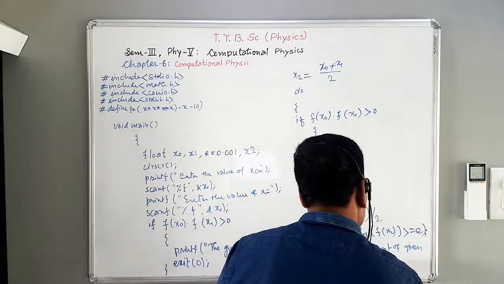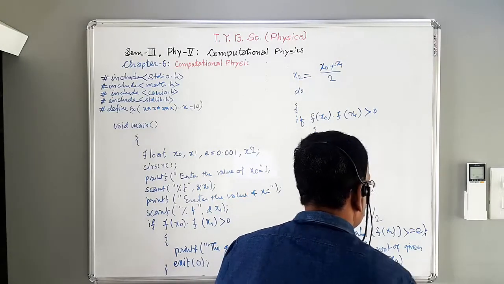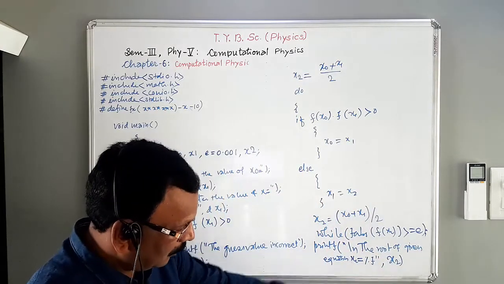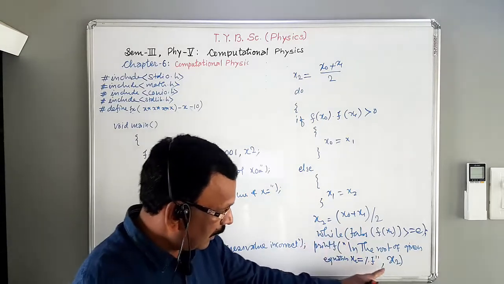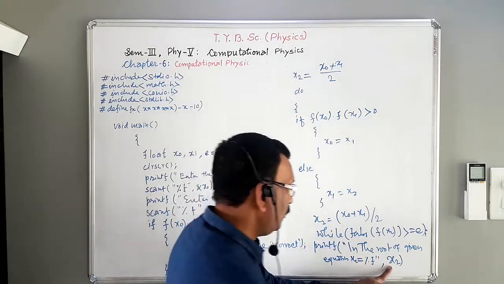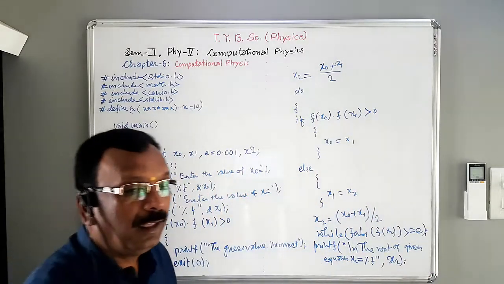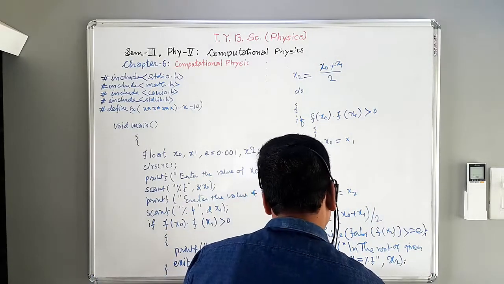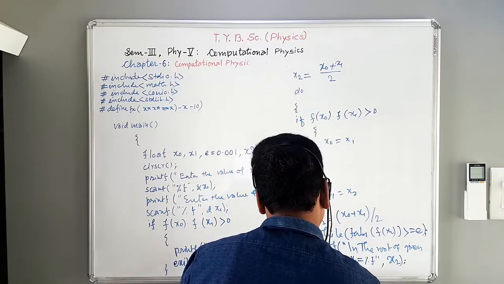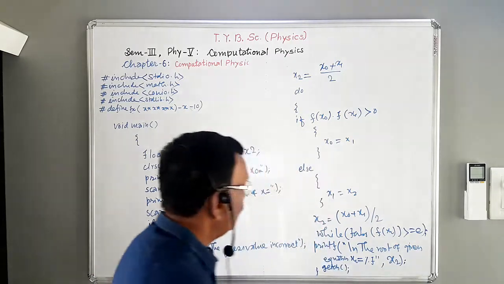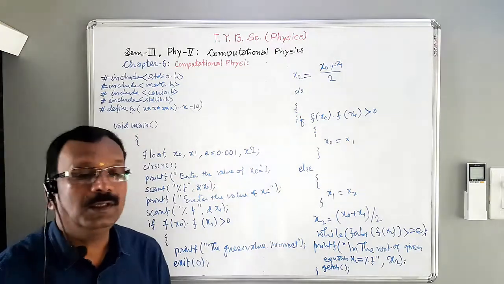The result is assigned to the variable x2. So we have to print the value of x2 by using this function, and then getch, and the body of the main function is closed.